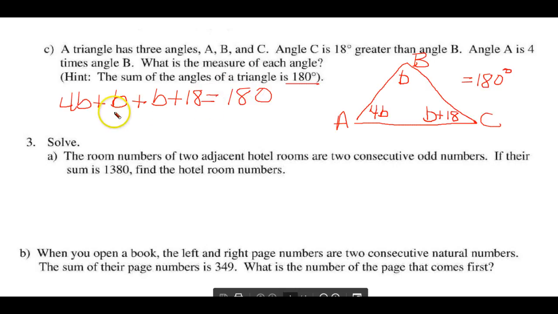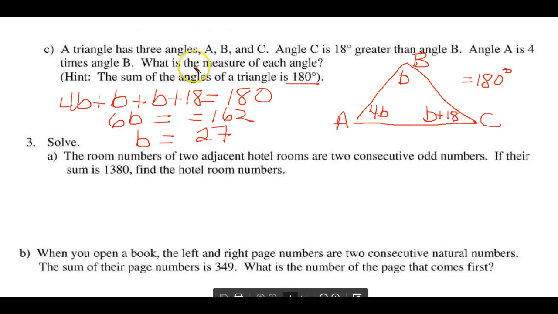So we group like terms, 6B. We're going to subtract 18 from both sides and get 162, I believe. Divide both sides by 6, and we get B equals 27.